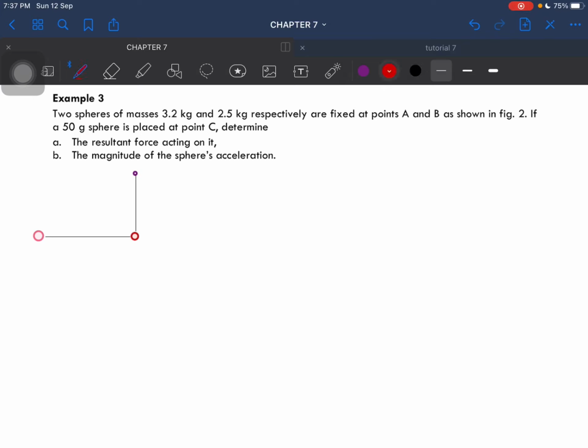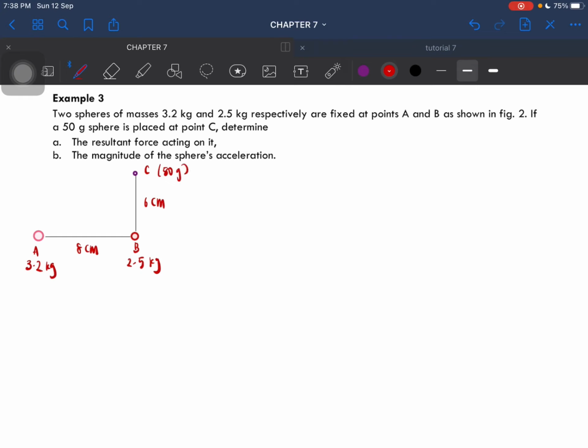Right, so this is point A, this is point B, this is point C. The distance between mass A and mass B is 8 centimeter, whereas point C and point B is 6 centimeter. So this is 3.2 kilogram, this is 2.5 kilogram, this is 50 gram.